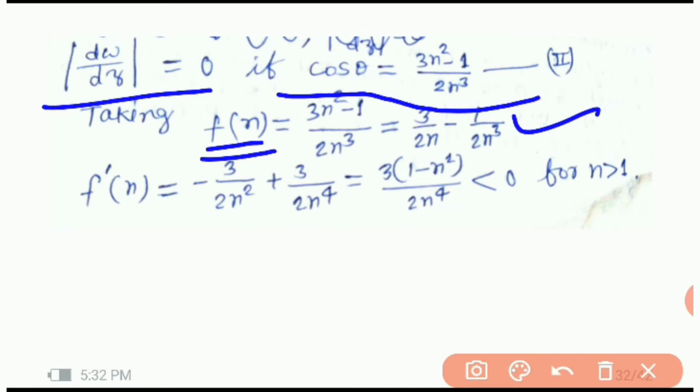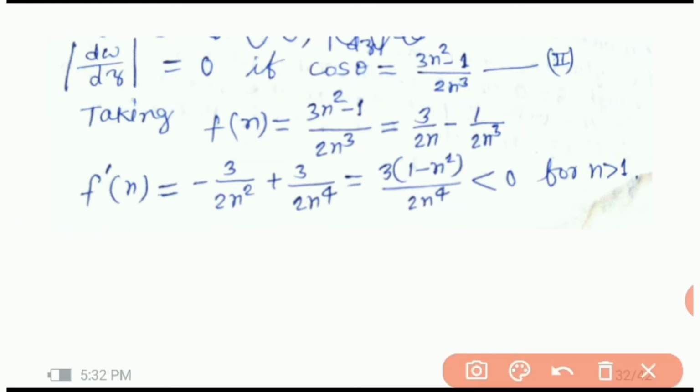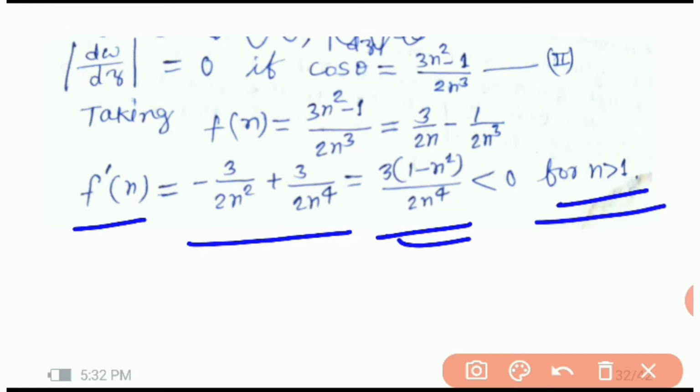We get f'(n) equal to −3 upon 2n² plus 3 upon 2n⁴. Calculate this, we get this, and which is less than 0 for n greater than 1.